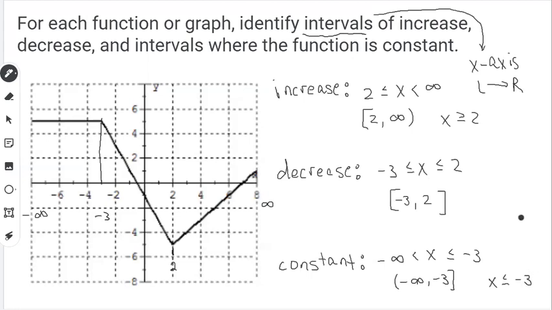We could also write it that way. So there are a couple ways you can write these intervals, but we're always thinking about intervals of the x-axis, never the y-axis. So we're always going to be looking at x when we do intervals of increase, decrease, and constant. Okay, and I'll leave that up there for a minute.